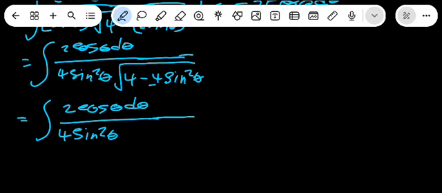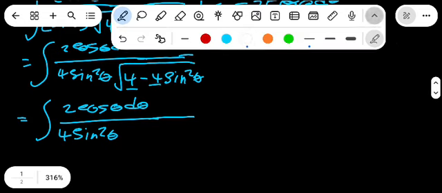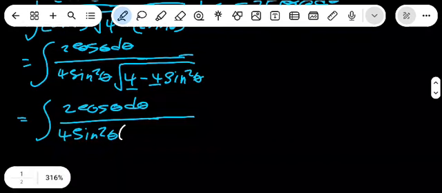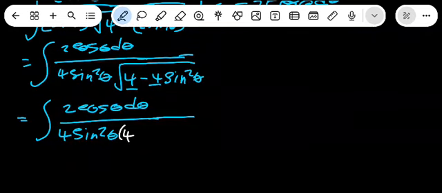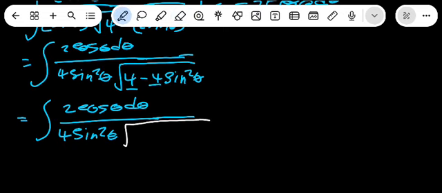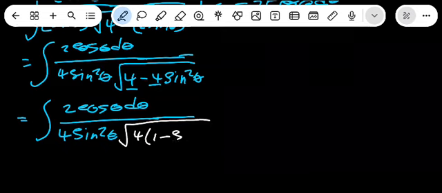So here we have a common factor, which is what? It's 4. We'll take out 4 as a common factor. If we take out 4 as a common factor, we'll have the square root of 4 times 1 minus sine squared theta.